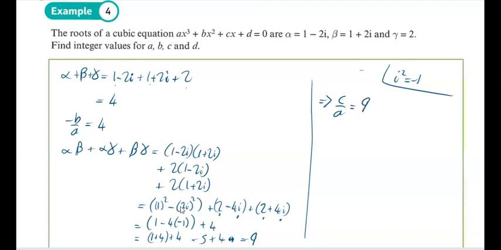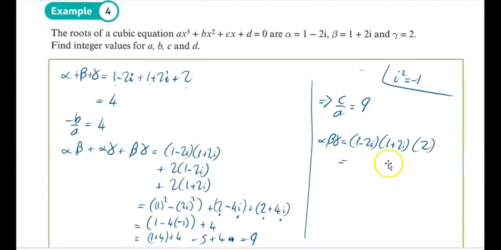Okay, the last thing for us to do is to look at the products of all of them. So we're going to look at alpha, beta, gamma. We'll write it out the long way. That's 1 minus 2i upon 1 plus 2i upon my gamma, which is 2.